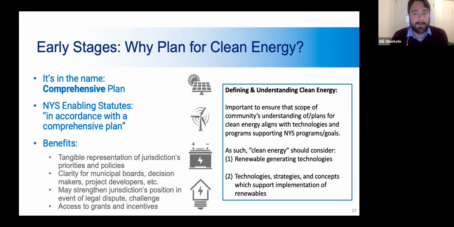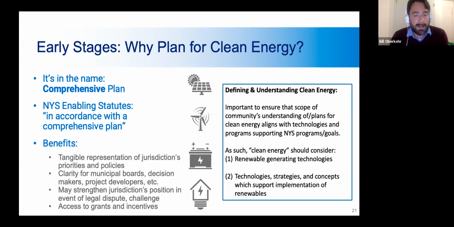They are going to benefit from a clear, comprehensive plan, because you're going to communicate to industry and to everyone, what are the objectives for this community? What are we looking for? What do we want to see? If you communicate that, particularly to project developers, they can try to fulfill those goals. A lot of developers out there, especially the good ones, really do want to do that in earnest.